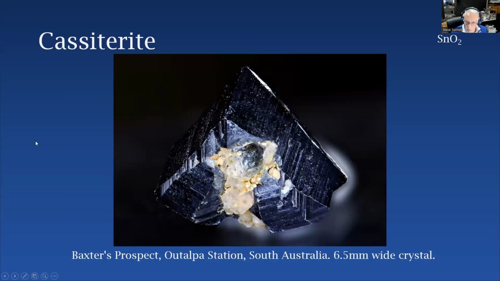This is a very unusual one, in that in South Australia, cassiterite is uncommon. And it's got a little quartz crystal in the middle as well. Excuse me. And again, it's twinned. And this was given to me by Albert Chapman, who some of you may have come across in the earlier days.